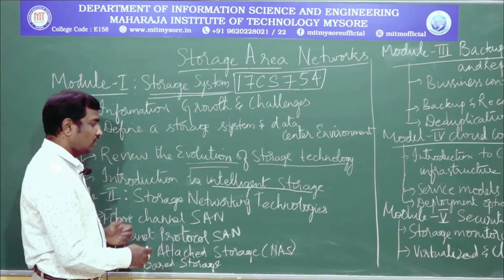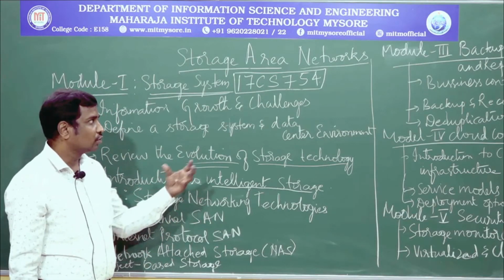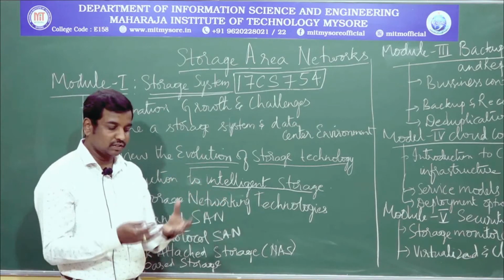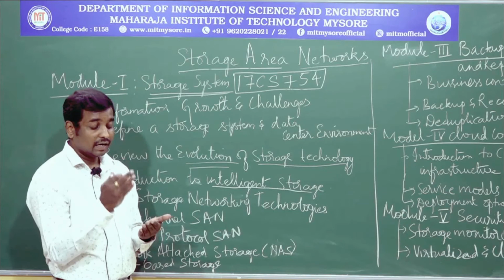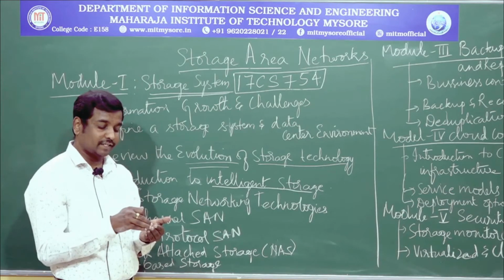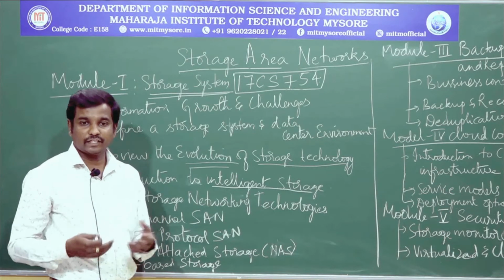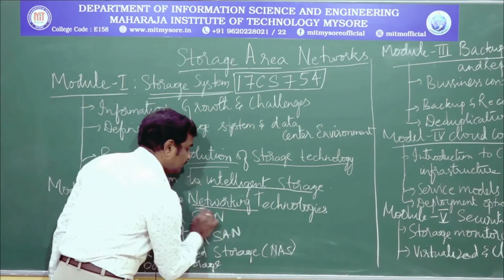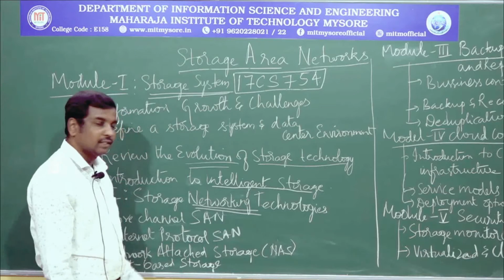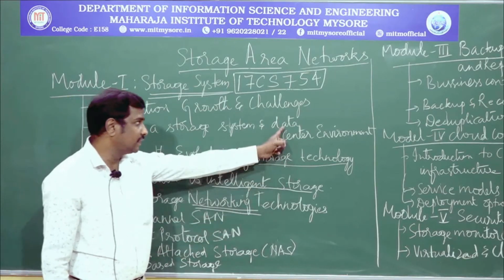In the second module, as I was saying, we are not only storing the information in places, we have to incorporate networking operations so that it can communicate with the end users. For that purpose, we are understanding how to perform networking in data centers.